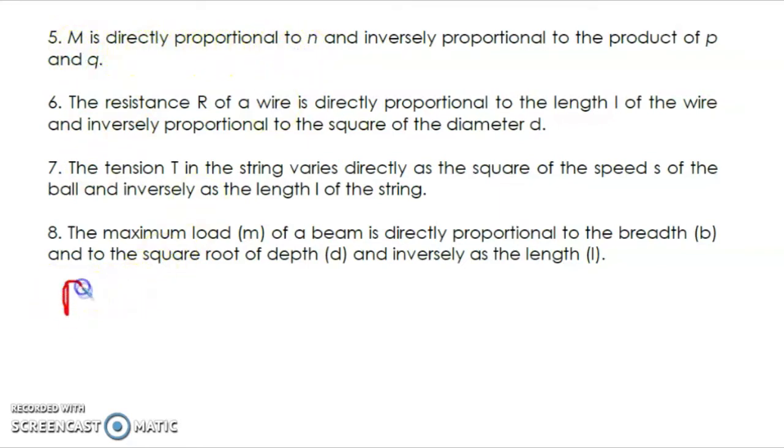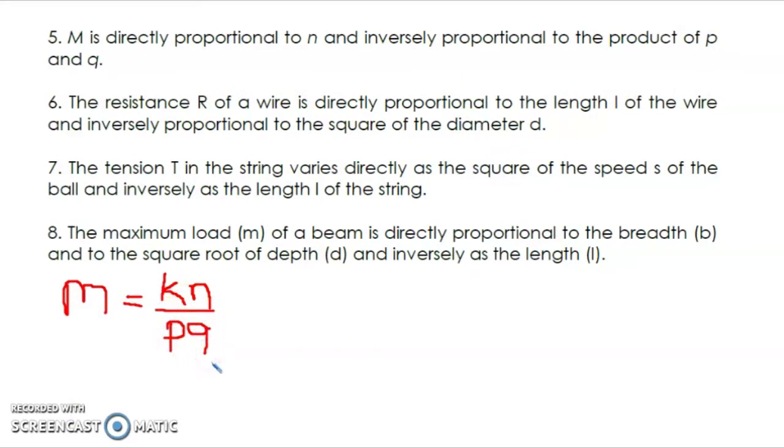So that would be m is equal to k over n. So your constant of variation k times n. Inversely, so that would be on the denominator, the product of p and q. So the product of p and q. So this is your equation.